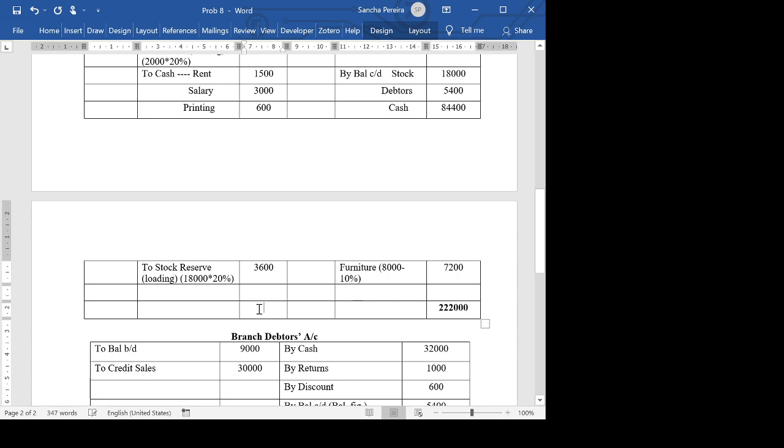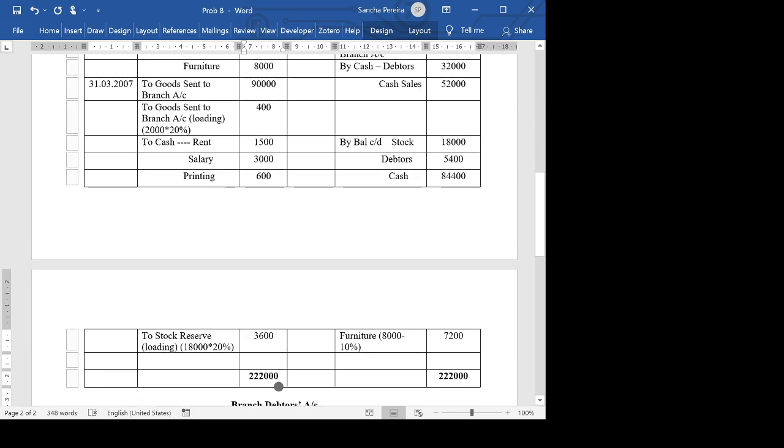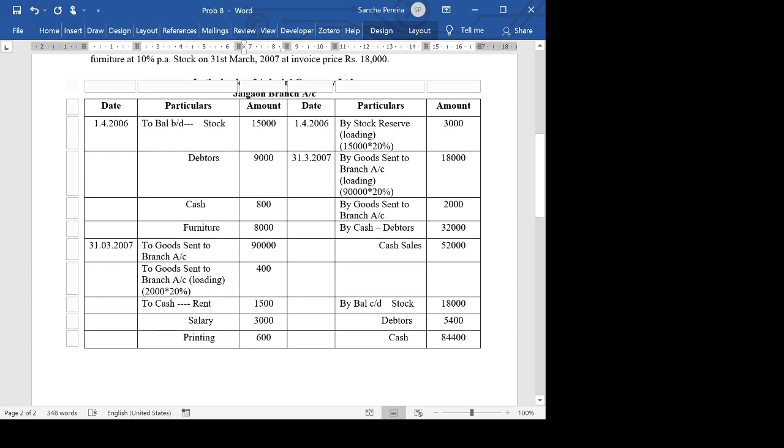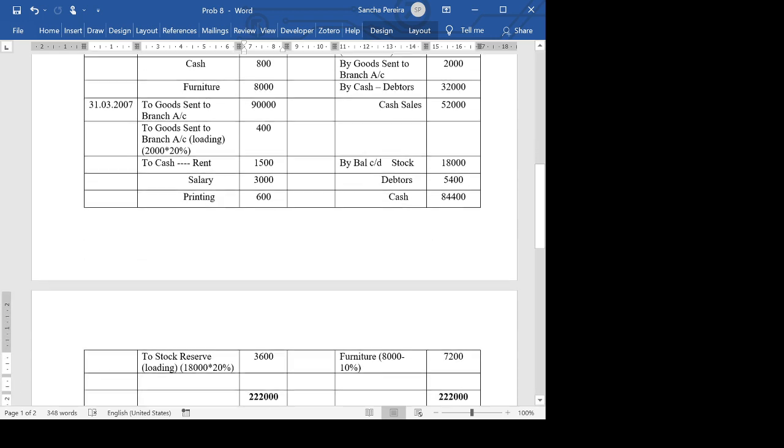I think the credit is higher than the debit. 2,22,000, and this side we have minus 24,000 minus 88, 19,400, minus 5.